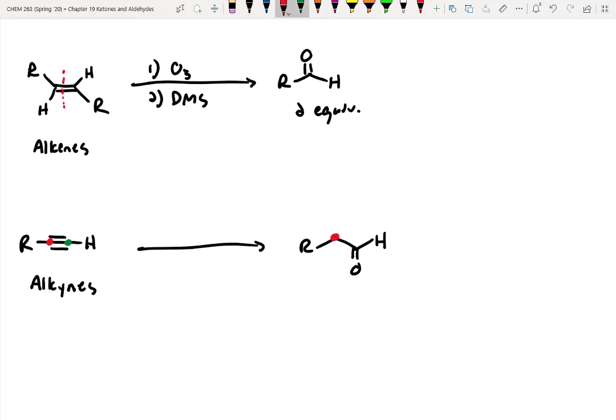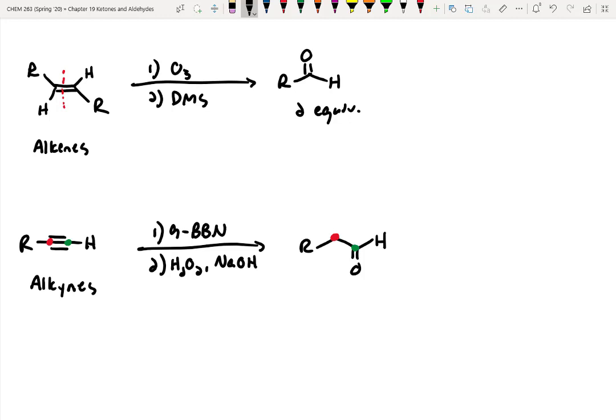So I've got a red carbon here, and I've got a green carbon here. And as you can see, we're adding a C=O double bond to the less substituted side. So it's going to be anti-Markovnikov. And in order to do that, we need 9-BBN, or one of our bulky borane reagents, followed by hydrogen peroxide and sodium hydroxide. So that one's pretty straightforward as well.